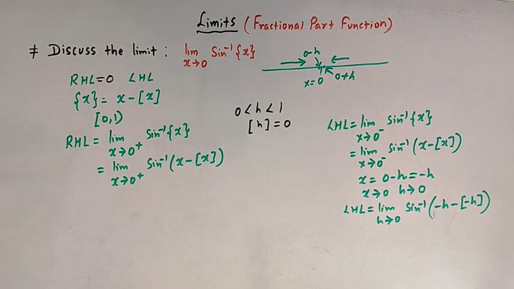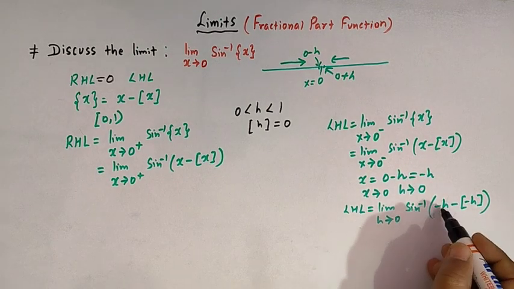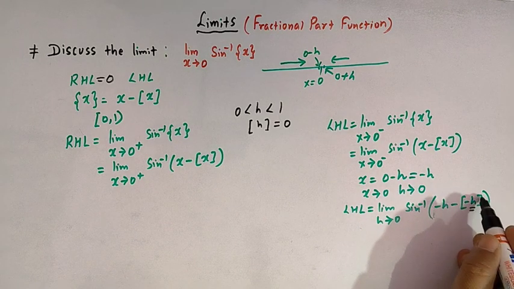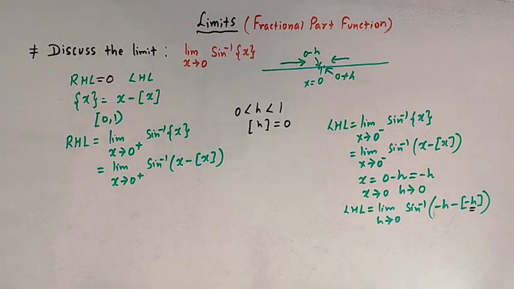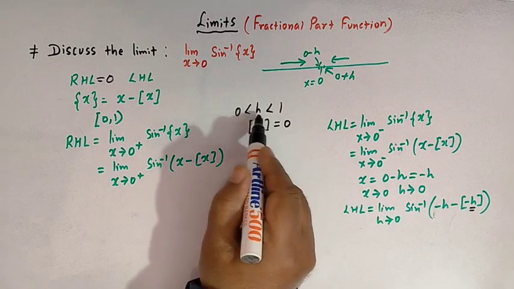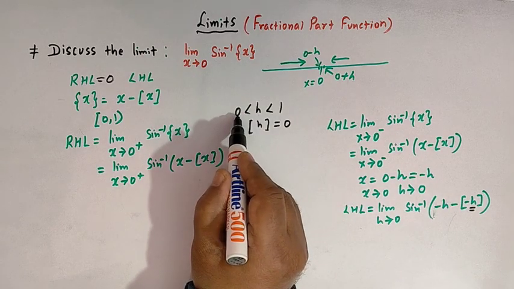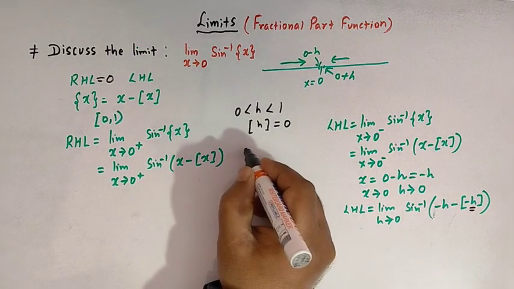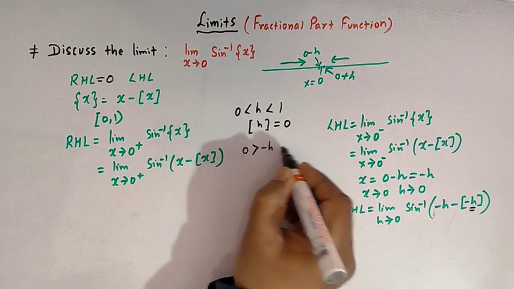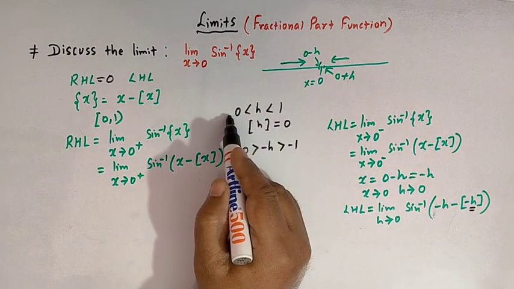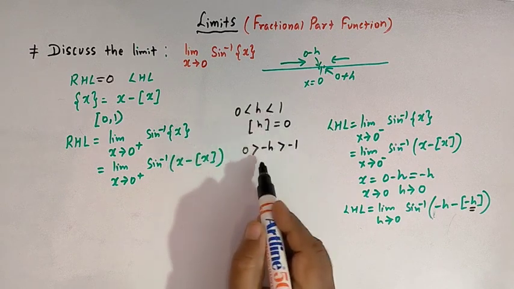Now here we cannot directly substitute h is equal to 0, because we have the greatest integer of minus h. To get its value, we have h lying between 0 and 1. If we multiply throughout this inequality by minus 1, we have 0, minus h, and minus 1, and when we multiply throughout by minus 1, the direction of the inequality gets reversed.